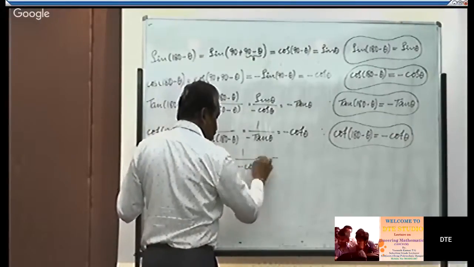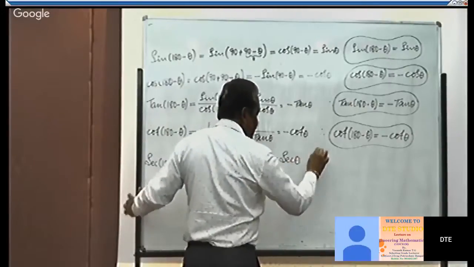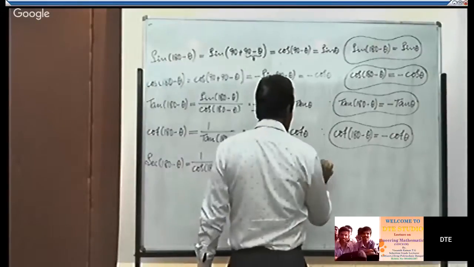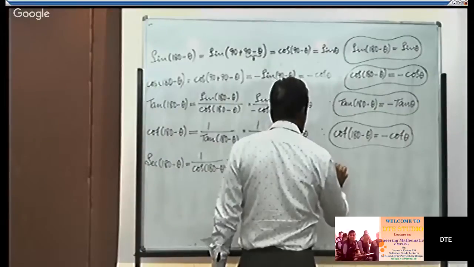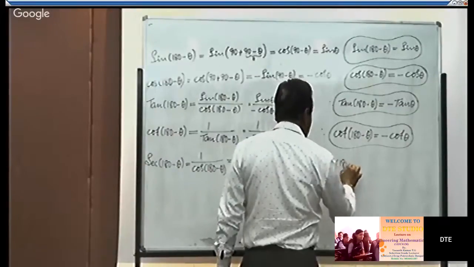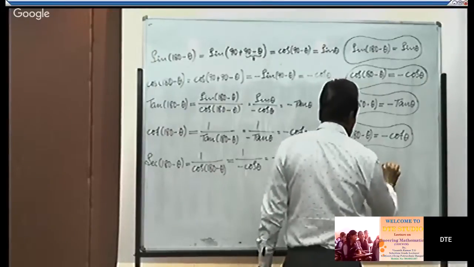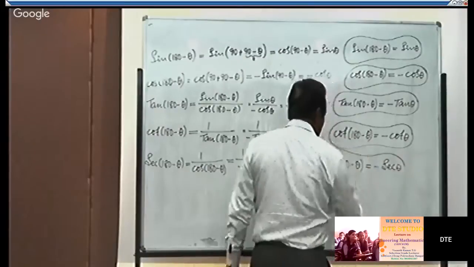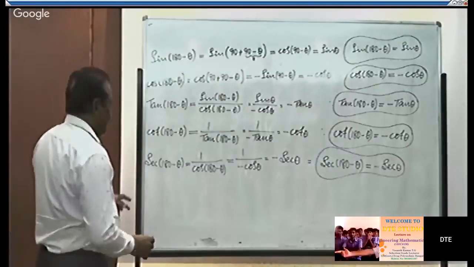But we know 1 by cos theta is secant theta. Therefore the conclusion is secant of 180 minus theta is always equal to minus secant theta.